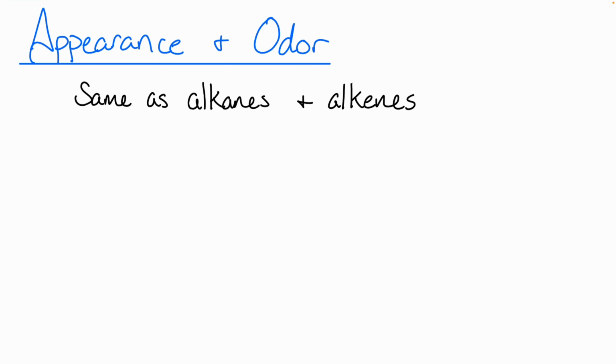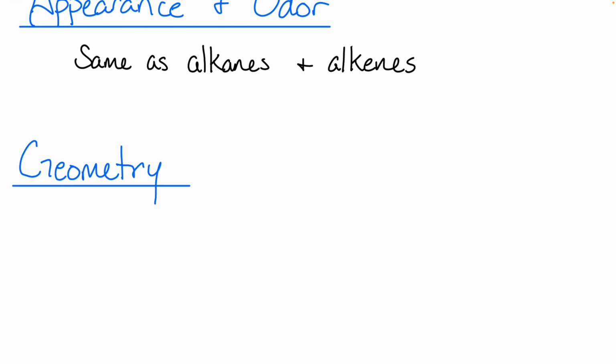All right, and lastly, we've already talked about this, but just to note our geometry. Okay, if I'm going to draw, let's say, a very large alkyne, I can start drawing my zigzaggy structure. But once I get to that carbon-carbon triple bond, I have to draw those four atoms in that linear geometry.